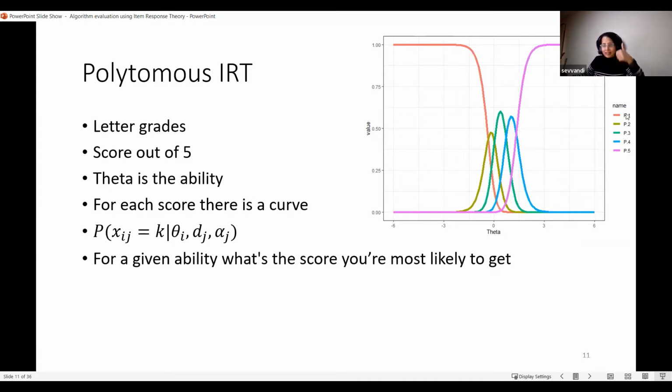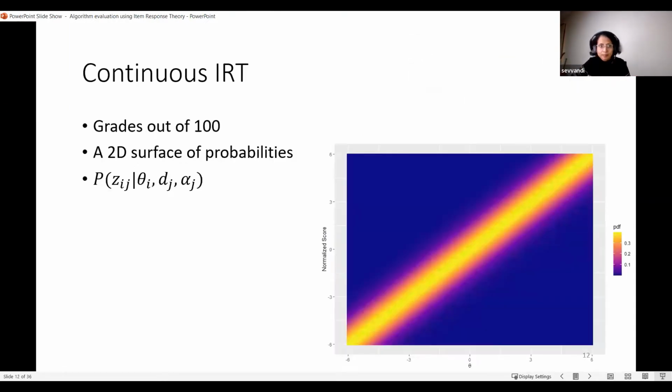So P1 is like getting 1 mark, and P2 is like getting 2 marks, 3 marks, and so on. So you're most likely to get 1 mark for that. But if your ability is way over here, you're much more likely to get a much better mark. And if your ability is somewhere in the middle, you're going to get a mark like that. So that's the polytomous case.